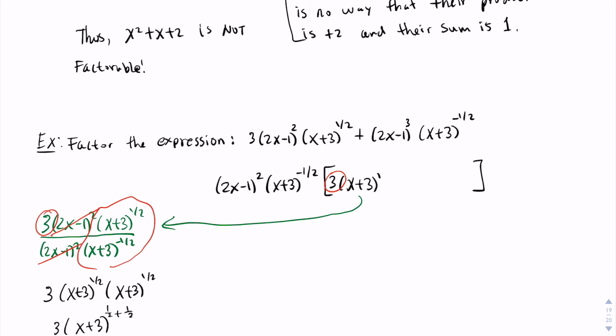Then why did you put 2x minus 1 squared? Because that's what's here. Then what happened to the 3? The 3 still stayed there. You have to write the entire thing. So you divided the entire thing by 2x minus 1 and then x plus 1. Yeah, this one. I see.